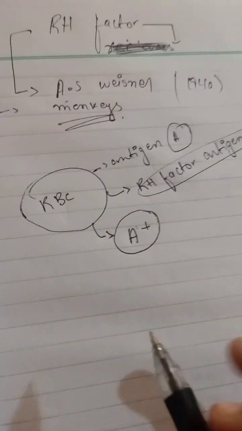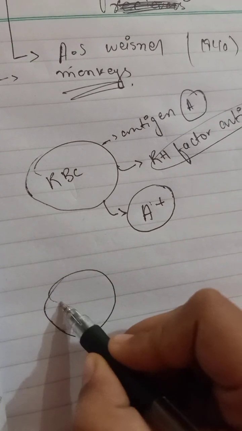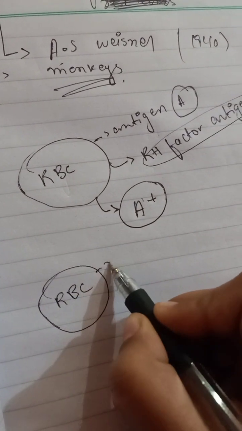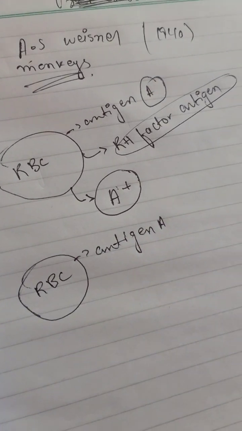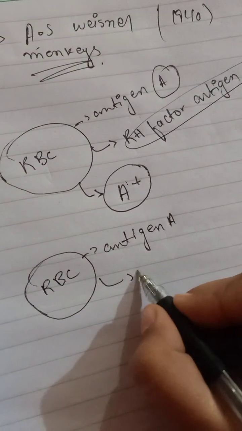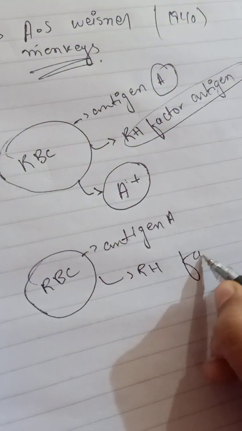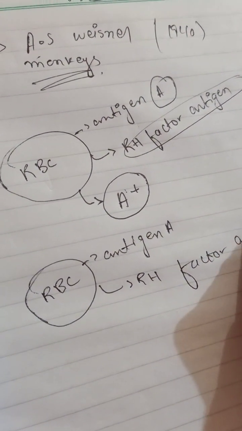Next example: this is an RBC and it also has the antigen A, but the Rh factor antigen is absent.